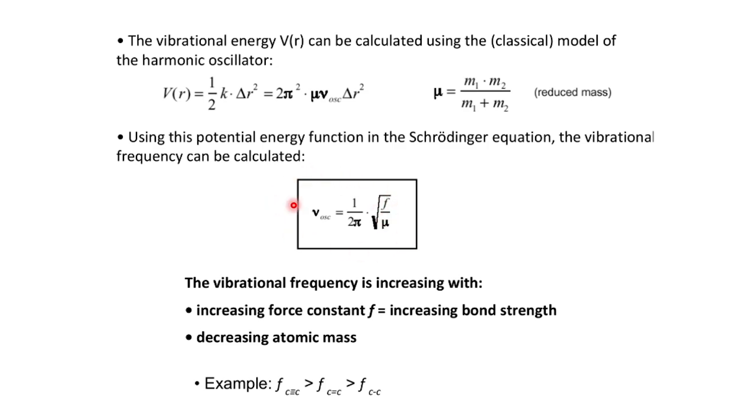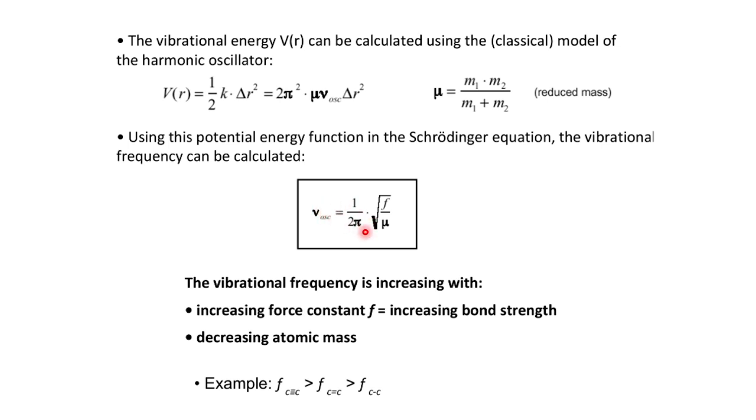This is basically the oscillation frequency, or the frequency of vibration of the bond. So this is the bond vibration frequency. Through the SHO model, you are deriving the vibration frequency of a particular bond.